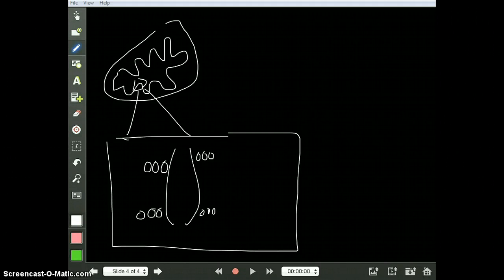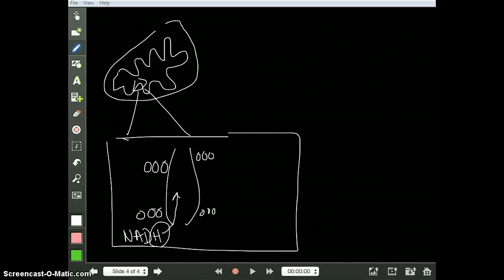We won't go through the entire detail of it, but inside there we have the ETC taking place. Now, we are going to be seeing those electron carriers. Let's look at that one right now. The electron of that is going to work its way through.